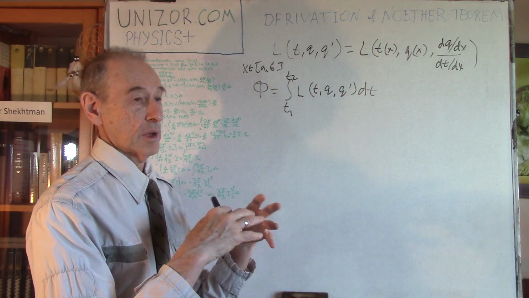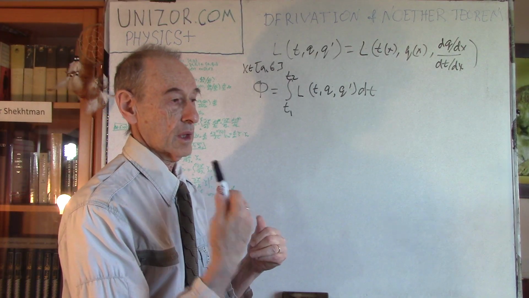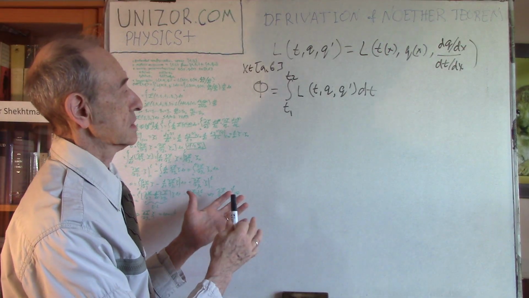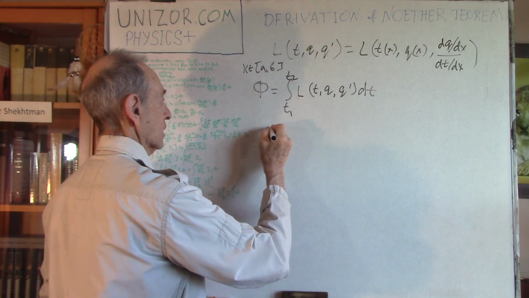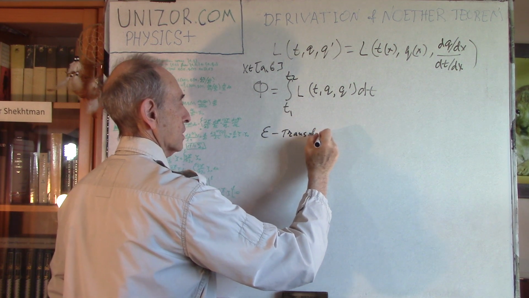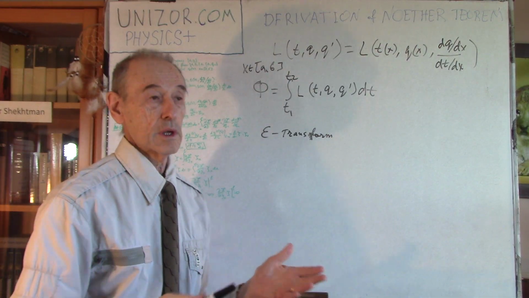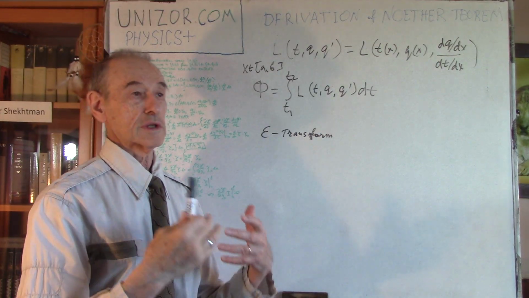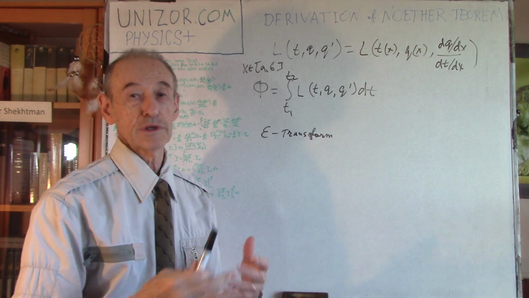Now, you know that motion, which is a physical process, can be modeled as a transformation of coordinates. We talked about this in previous lectures. We're talking about the epsilon transformation, where epsilon again is a parameter. It's not just one transformation. In case we are transforming only time, then epsilon is the interval of time we are transforming.